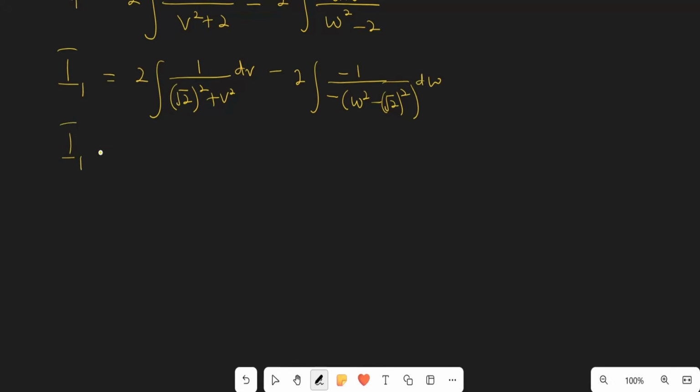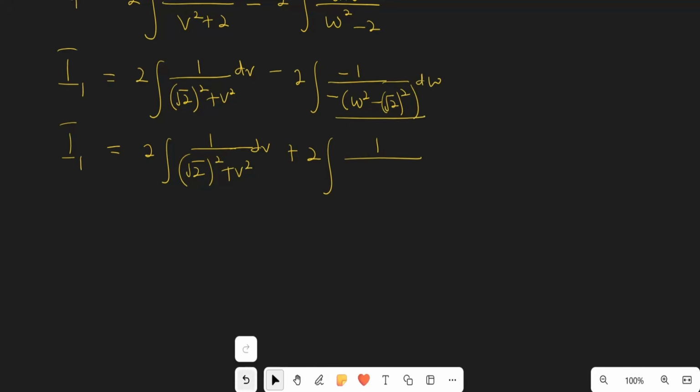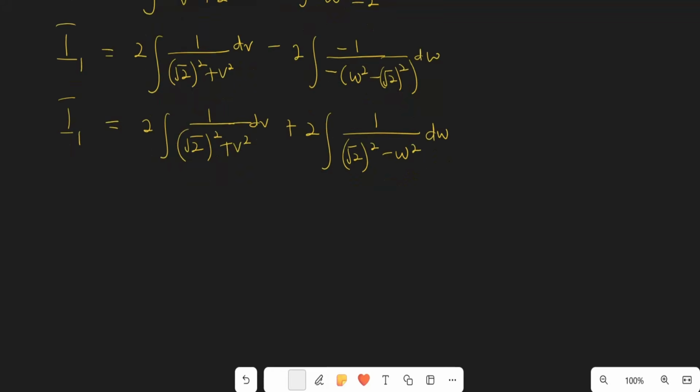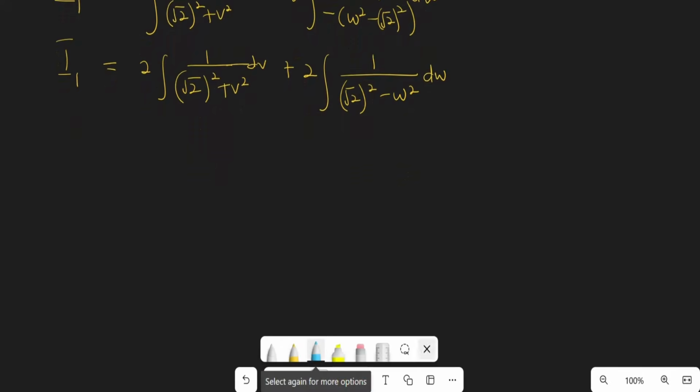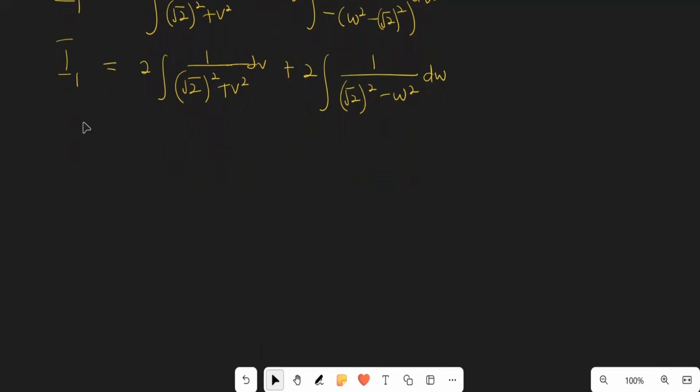Okay, so I1 is going to be equal to 2 times the integral of 1 all over (the square root of 2) all squared plus v squared dv, minus 2 times the integral. It's now going to be plus because this and this will become positive. And then we have 1 all over, reversing this one, that is now going to be (the square root of 2) all squared minus w squared dw. Now we are going to compare this one to the tan inverse and the tan hyperbolic inverse integrals.